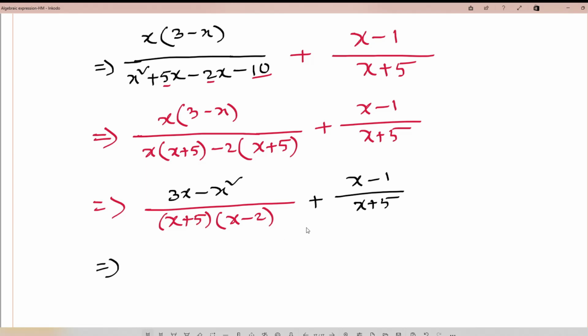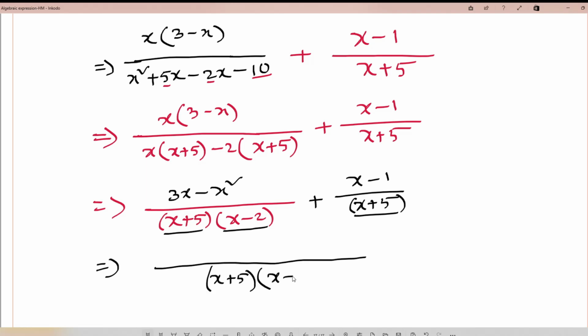Now these two fractions we make single denominator, so we have to find out the LCD. LCD means least common denominator. Here is x plus 5, here is x minus 2, and here is x plus 5. So the LCM is (x plus 5) and (x minus 2).